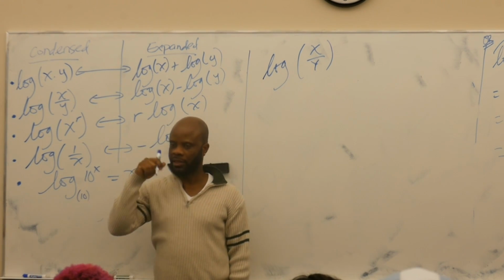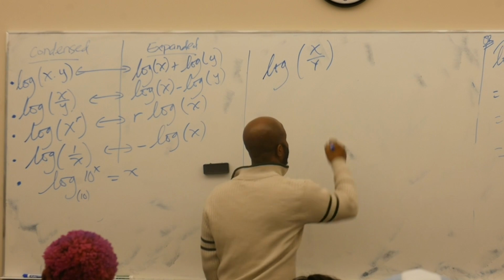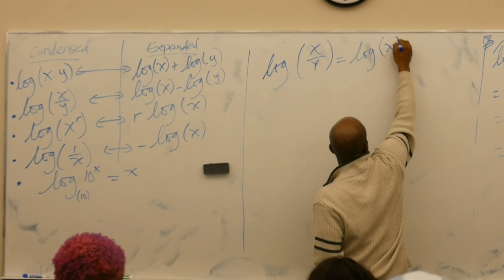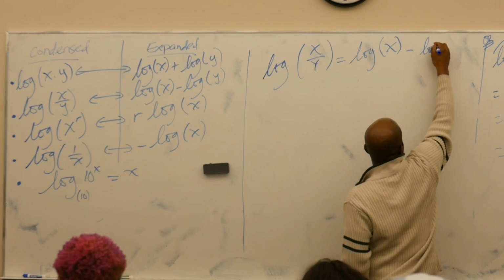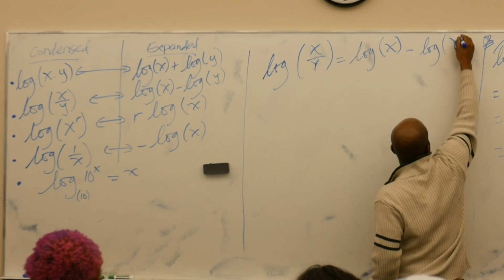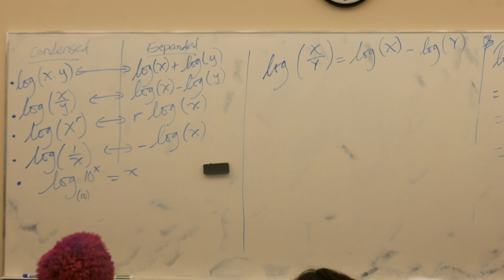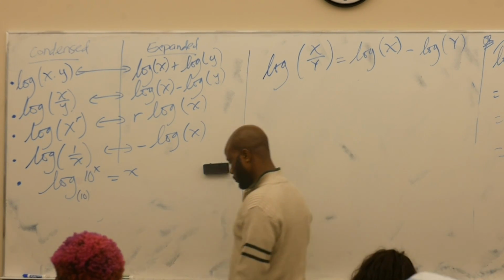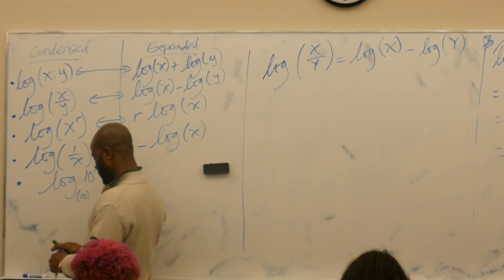What property do I apply here to extend? The second one, which says the log of whatever the value of x is minus the log of whatever y. We good?